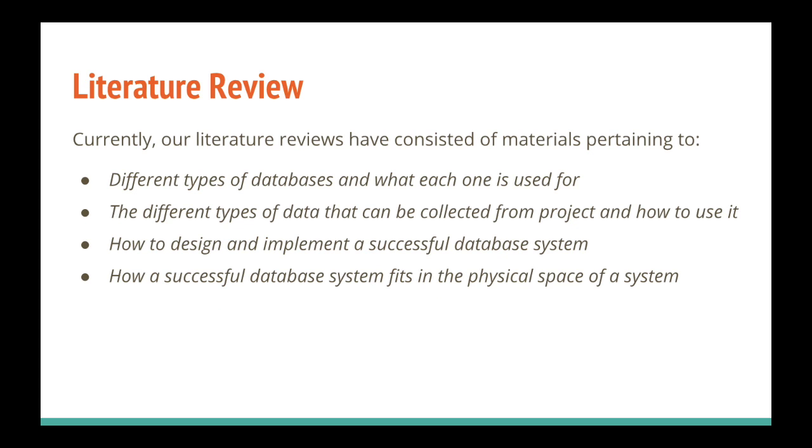Now we're going to move into our literature review. So we've done a little bit of research and read a few articles, and most of our articles consist of materials pertaining to different types of databases and what each one is used for, the different types of data that can be collected from the project and how to use it, how to design and implement a successful database system, and how a successful database fits into the physical space of the system.